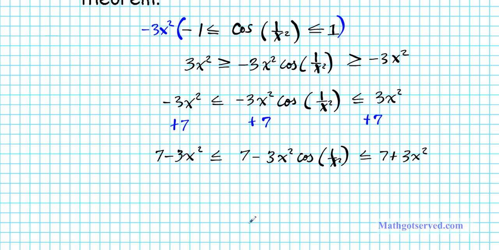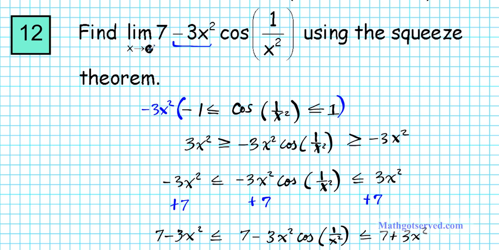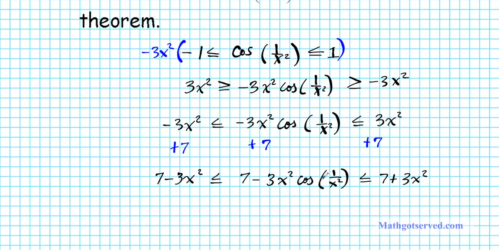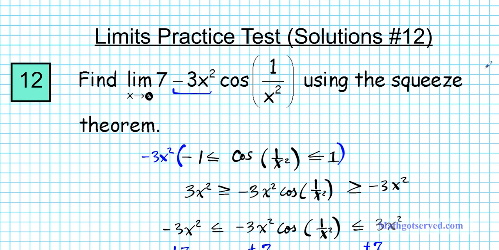Okay, now if you take a look at what we have right here, you notice that the quantity in between these two inequality symbols is exactly the same as the expression we're looking for the limit of as x approaches 0. So that was the goal all along: to get the expression in between the two inequality symbols to match this expression right here.